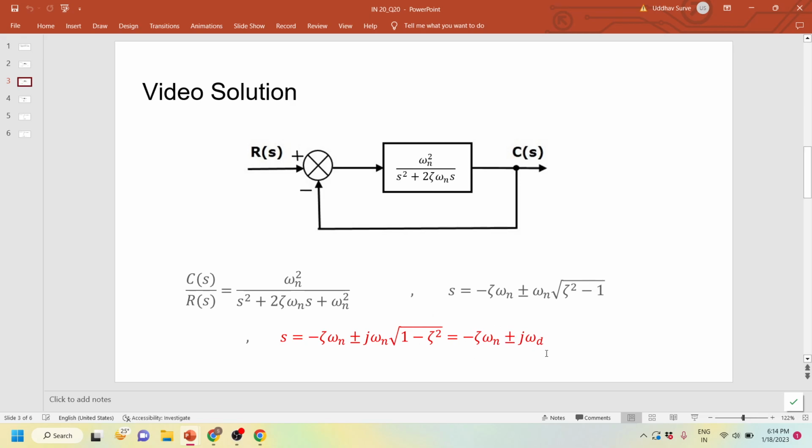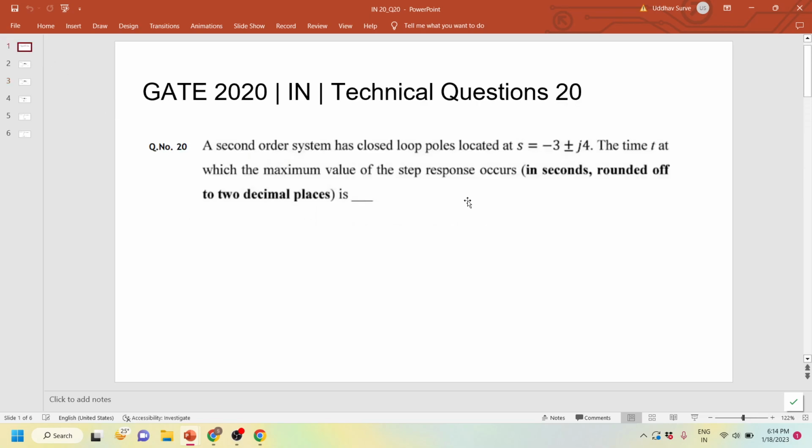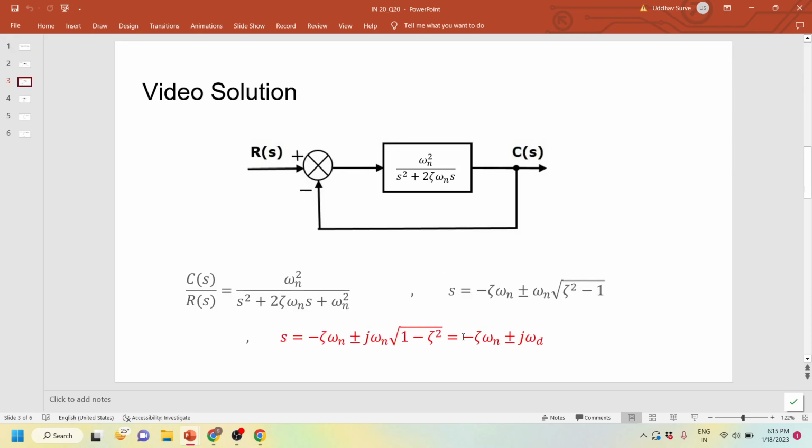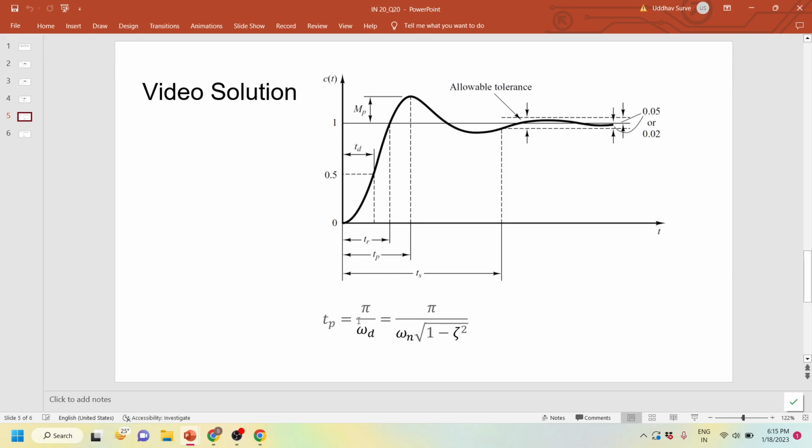So omega d is directly given in the question as 4, and zeta omega n is given as 3. So you can directly substitute the value of omega d here, where Tp is equal to pi upon 4, and therefore 0.785 is the answer for Tp for this question.